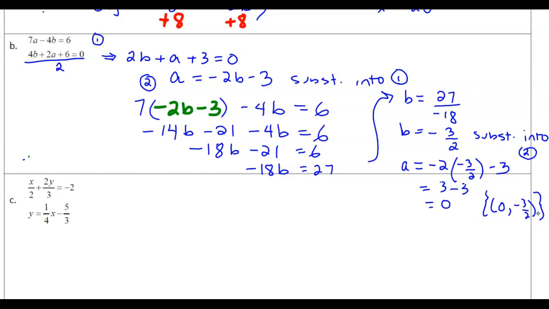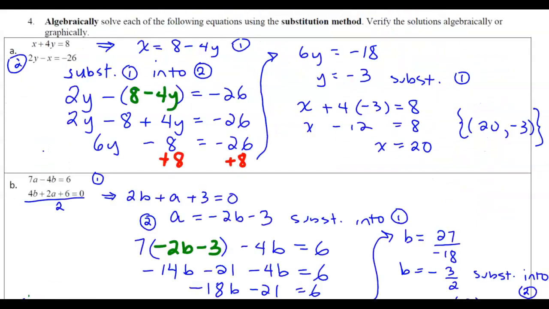And you can always check by doing a quick substitution of both of those back into the other equation, right? So 7 times 0 is 0, minus 4 times negative 3 over 2, that's 6. So 0 plus 6 equals 6. So you can always check.